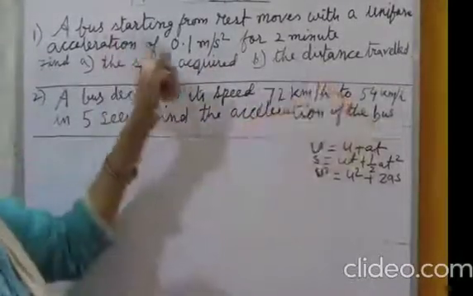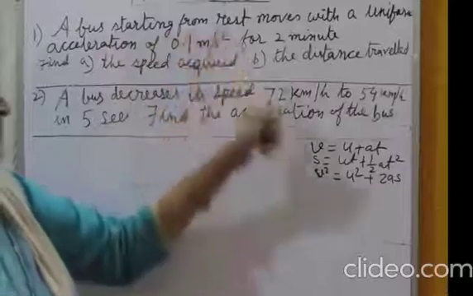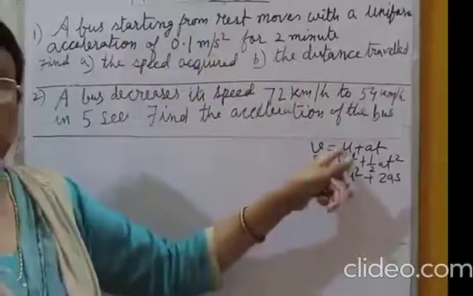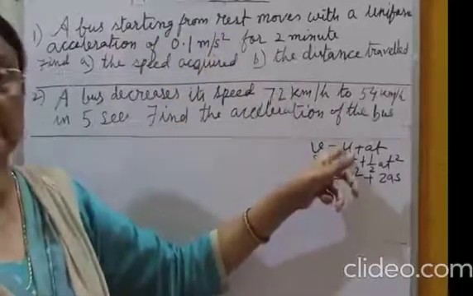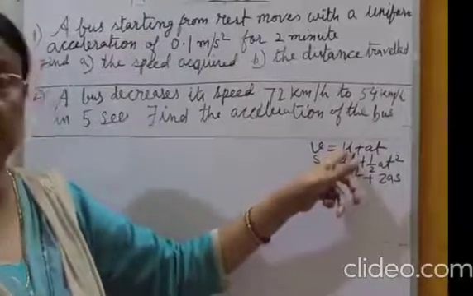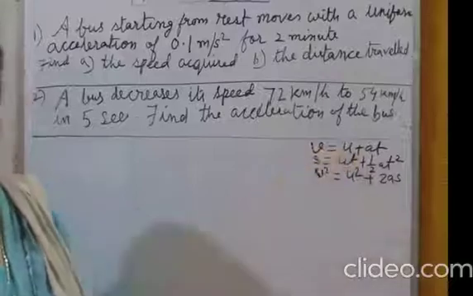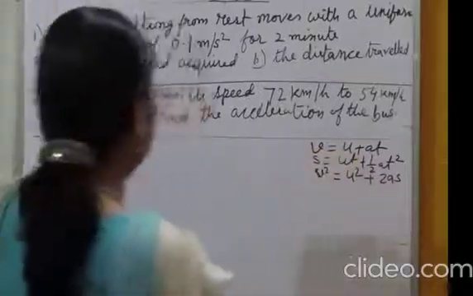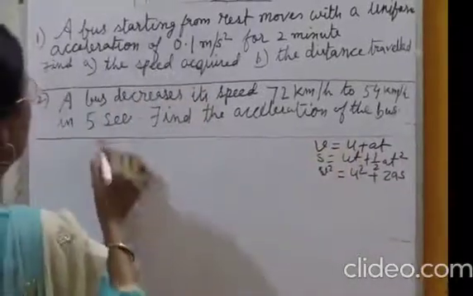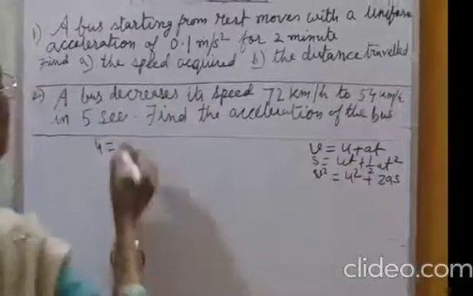A bus starting from rest means its initial velocity or speed, whatever you say, is 0. That is u equals 0. Okay?